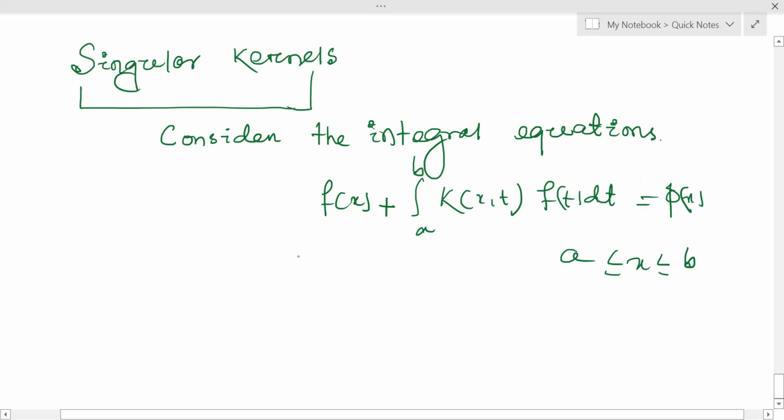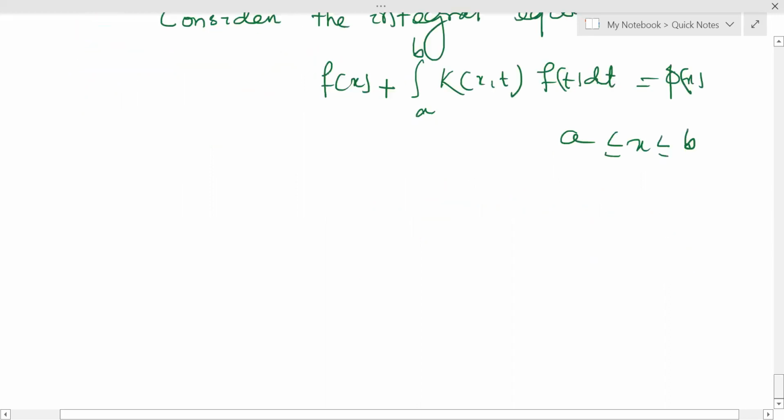Just one condition for the interval: b minus a is equal to nh. Let it be the interval.